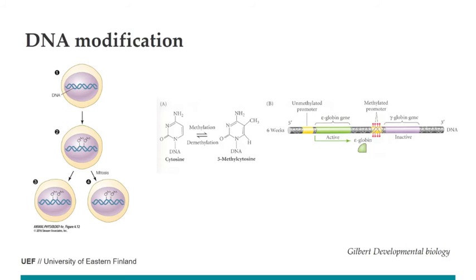But a little bit later during development, this epsilon globin is methylated, so it's inactive, and the gamma globin gene is now activated. That's why the fetus has gamma globin, and if you remember, gamma globin was part of the fetal type hemoglobin that had high affinity for oxygen and stole the oxygen from the mother.